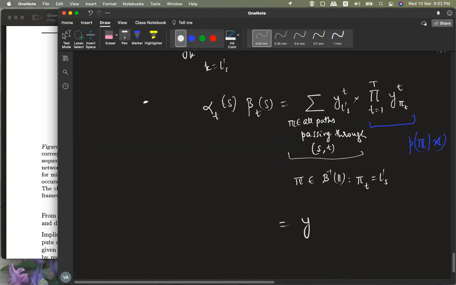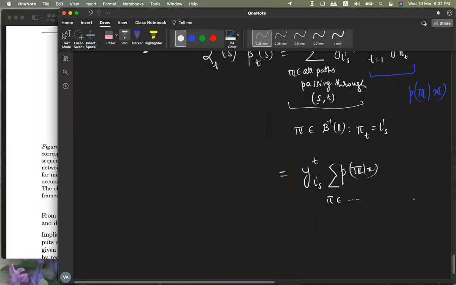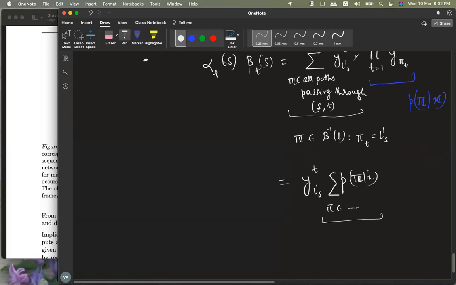This is simply y l dash st times p of pi given x and sum over all pi belonging to whatever was there here, right? And this term is basically p l given x, right? So basically you have expressed your p l given x in terms of basically these are only the paths which pass through this s comma t.